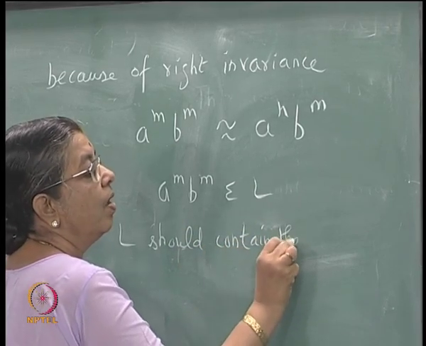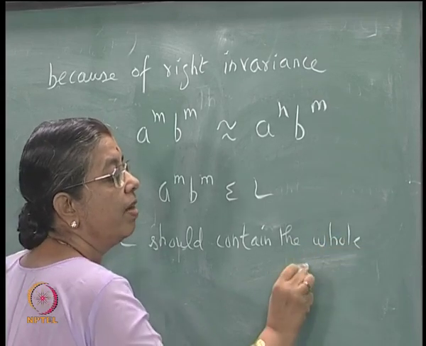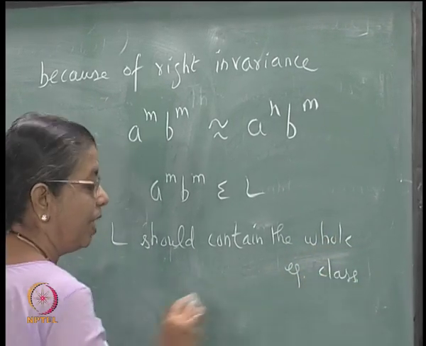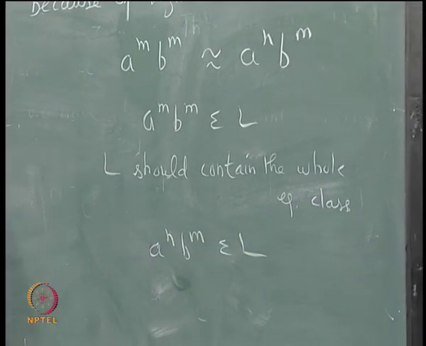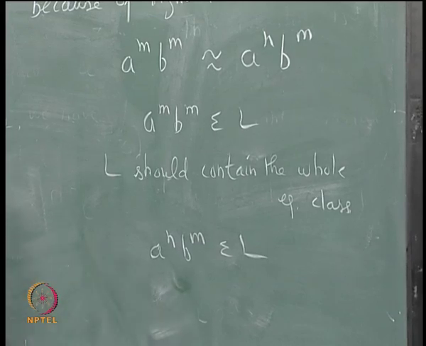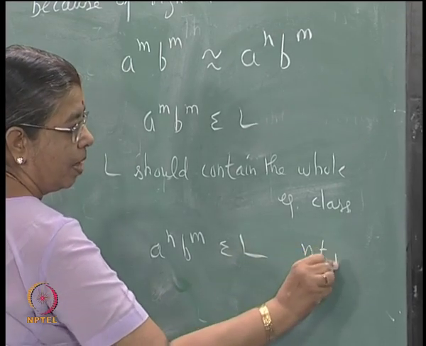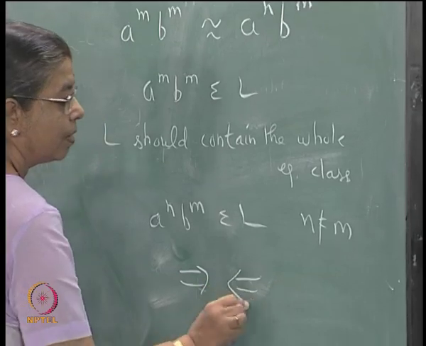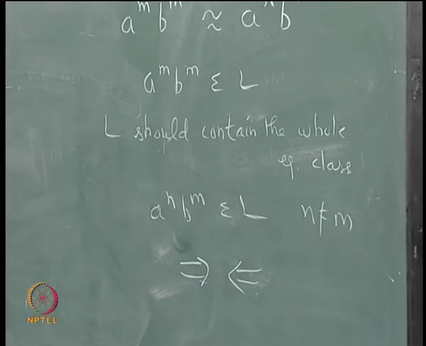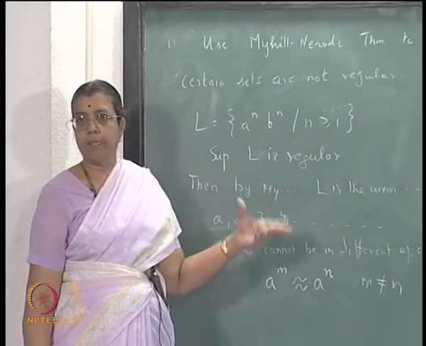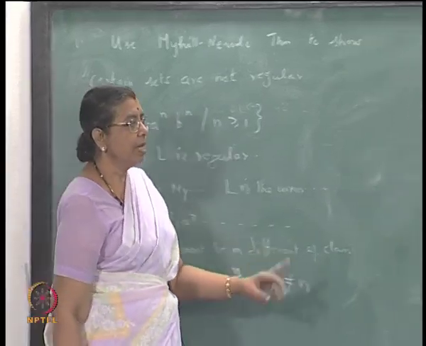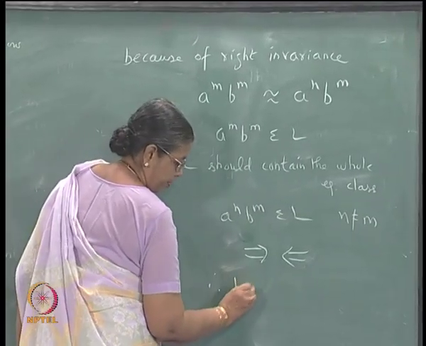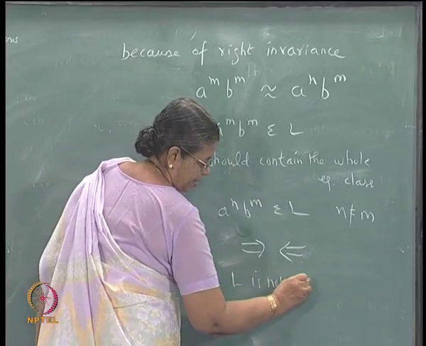That is, a power n b power m also belongs to L, where n is not equal to m. This is a contradiction, because the language is only a power n b power n, equal number of a's followed by an equal number of b's. So, you are arriving at a contradiction, therefore, L is not regular.